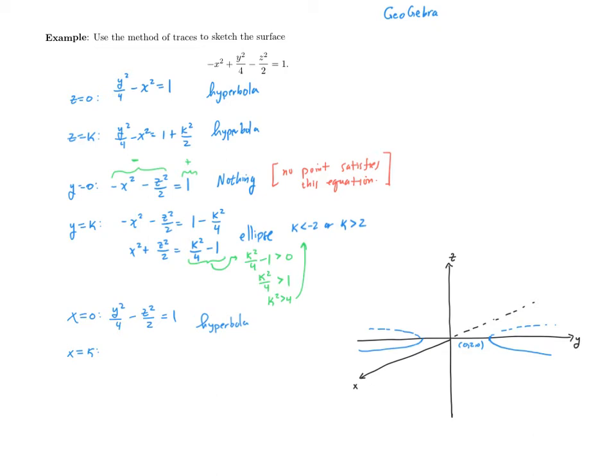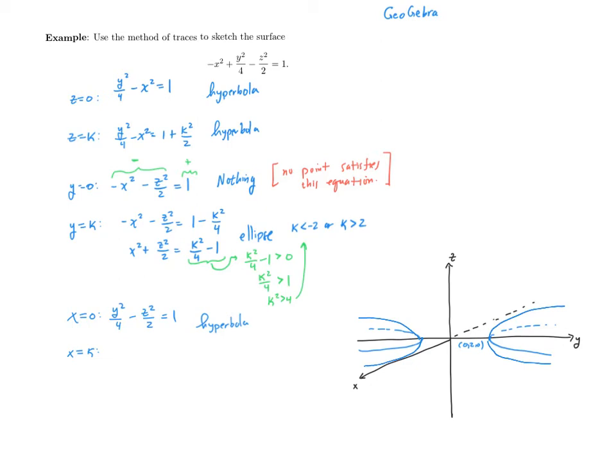So graphically, it will look as follows. So it's open along the positive y-axis and the negative y-axis.